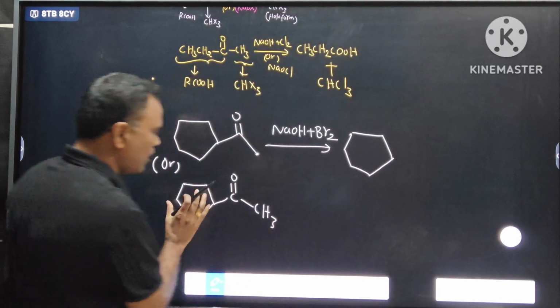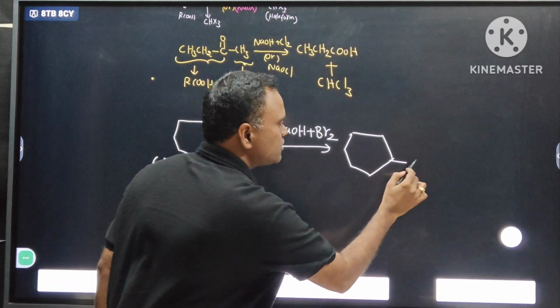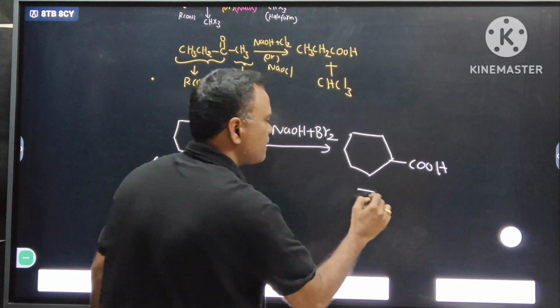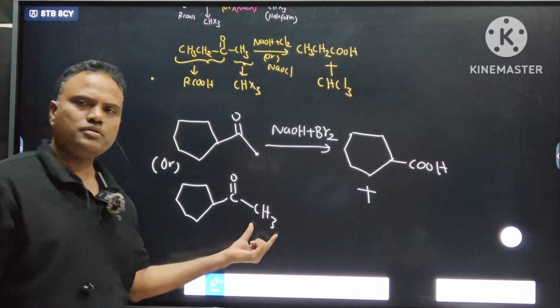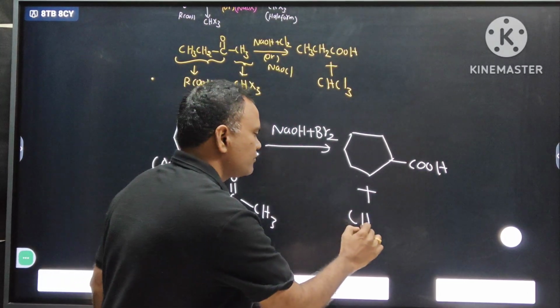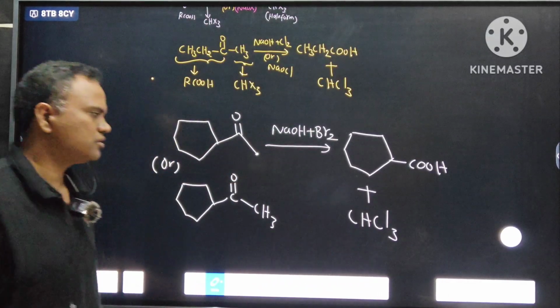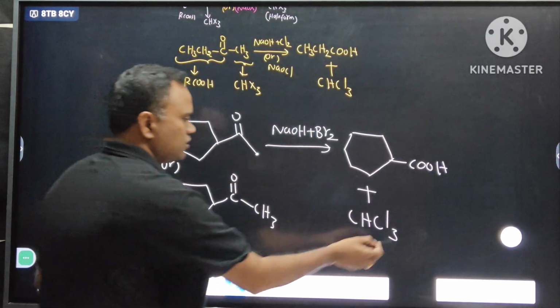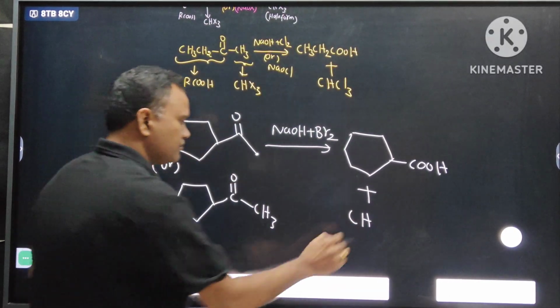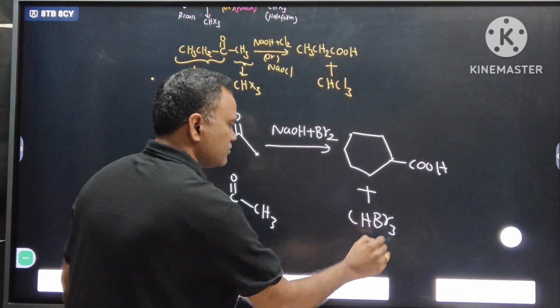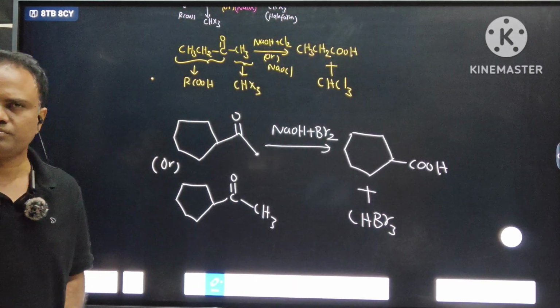So cyclohexane ring, R as it is, then immediately attach COOH plus CH3 converted to CHCl3, CHBr3. Bromoform.